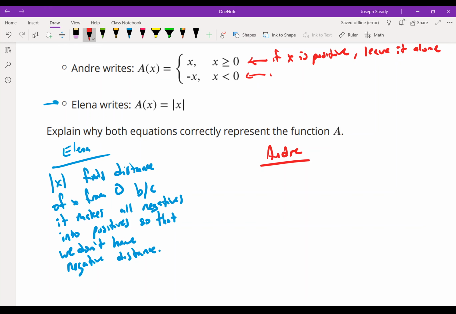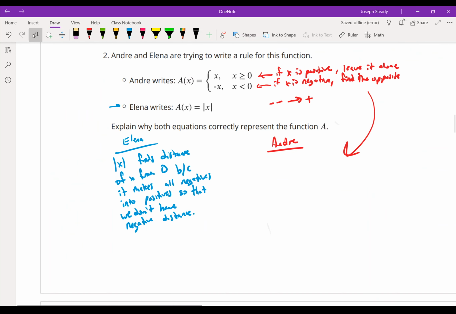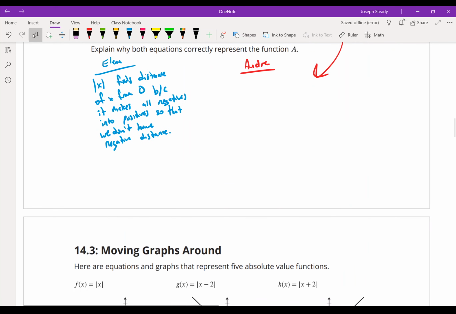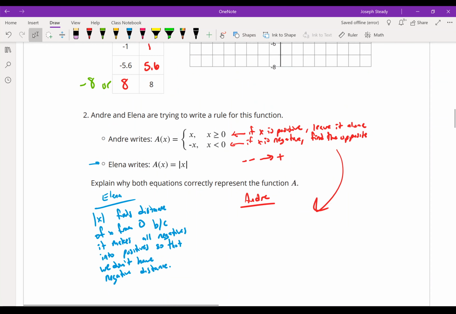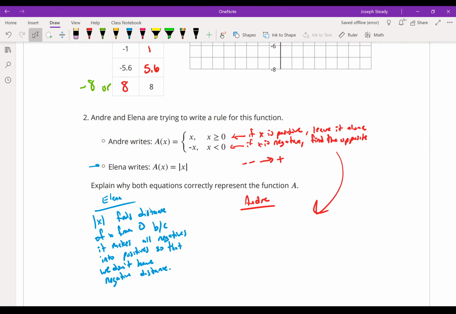And this is saying if x is negative, then you find the opposite, because again, a negative of a negative will bring you back to being positive. And that could pretty much be our answer down here. So that is our explanation for why both of those work. You could obviously add in other things if you wanted to, but that justifies why they work here.